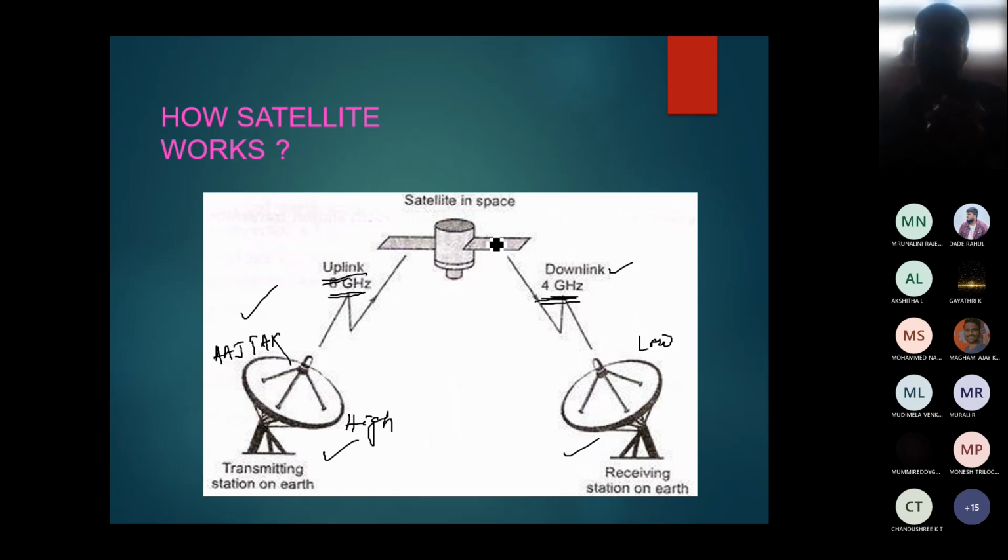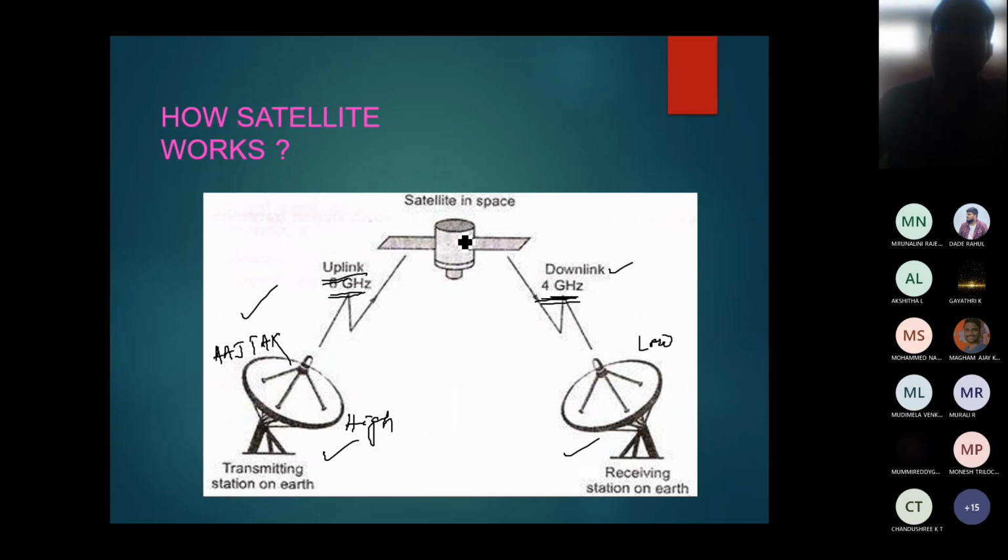But in the other case, when the satellite comes in front of the sun, that means the sun, satellite and the earth make a plane, the sun rays will fall on the satellite, so the solar plates on the satellite will store the energy. That stored energy will be utilized when the satellite comes behind the earth. So the power scarcity is very high in a satellite, because we don't have a permanent power supply to the satellite.